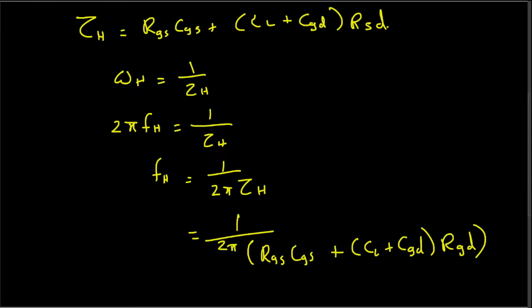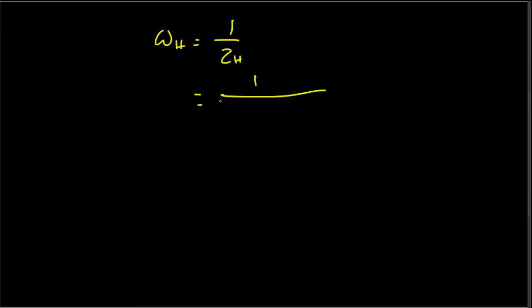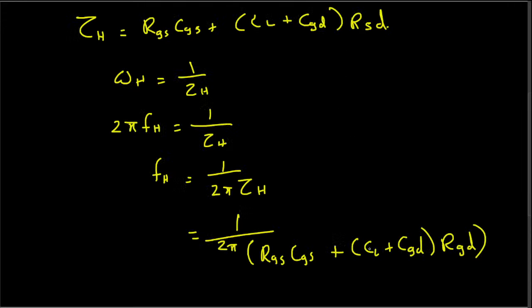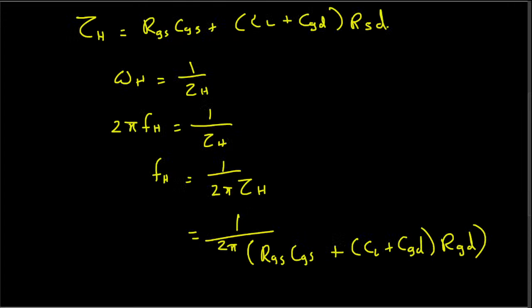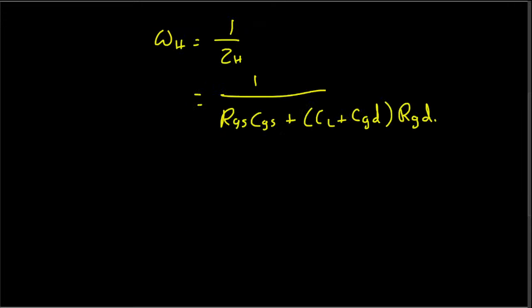This tau h is rgs times cgs plus cl plus cgd times rgd. Okay, now instead of rgs we can put 2 over gm.